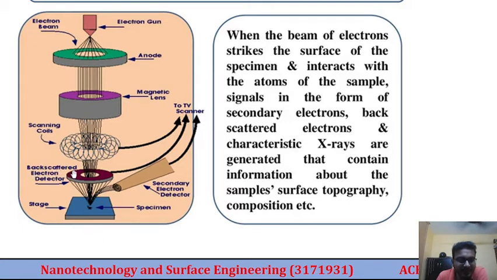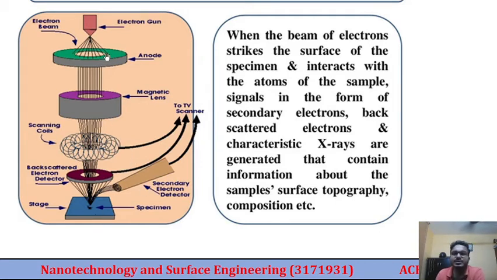First one is the backscattered electron detector and second is the secondary electron detector. So these two detectors are used. And an important part is that at the scanning coils we are having a signal which goes to the TV scanner. At the same time these two detectors also provide the signal to the TV scanner. And at the end, as I told you earlier, this is the specimen.